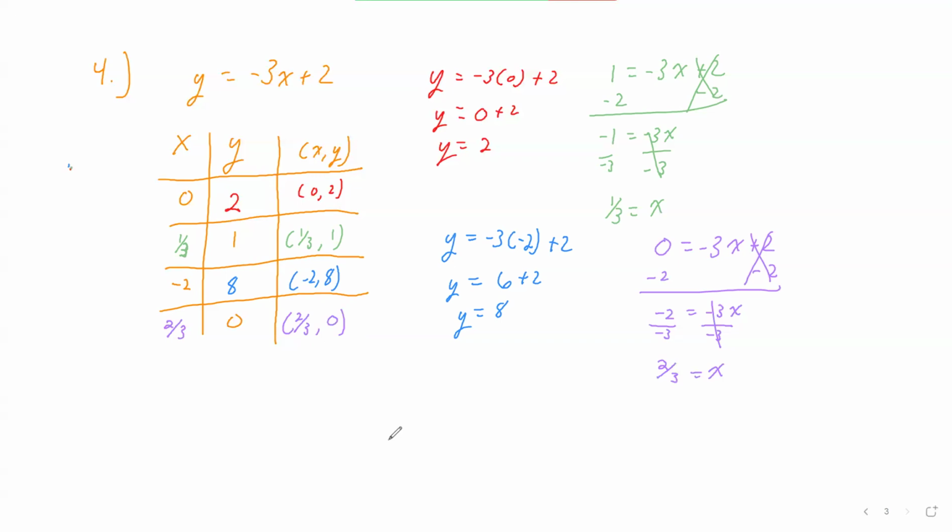Good. All right. The next stage, I'll ask you questions like this. It'll say, given y equals 4x minus 3, determine if any of these ordered pairs is true, basically.